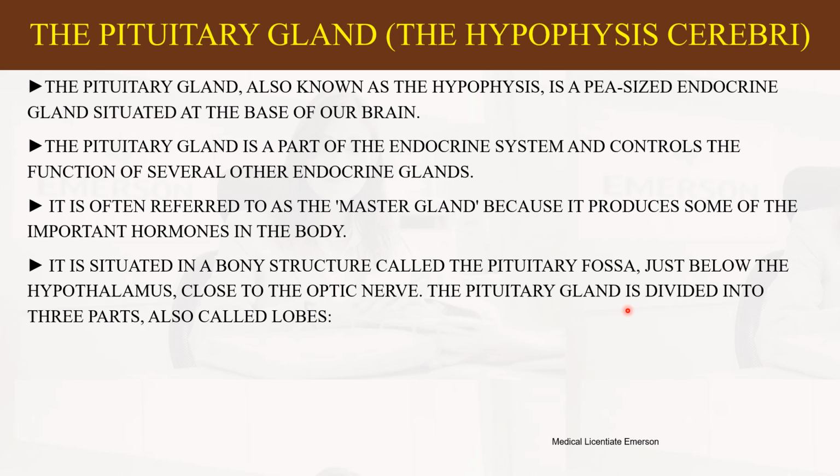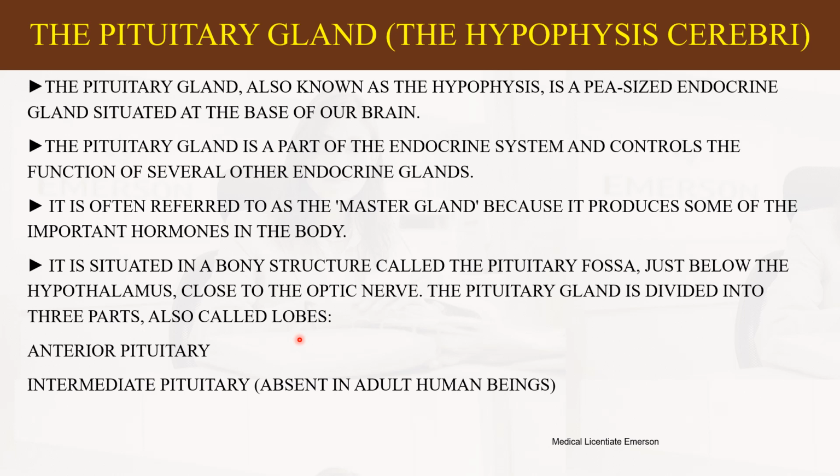Then the pituitary gland is divided into three parts, also called the lobes: the anterior lobe, the intermediate lobe, but this one is actually absent in adult human beings, and the posterior lobe. So if you forget that there is no intermediate, you may be given the benefit of the doubt, but the anterior and the posterior lobes, these ones definitely you are not supposed to forget.